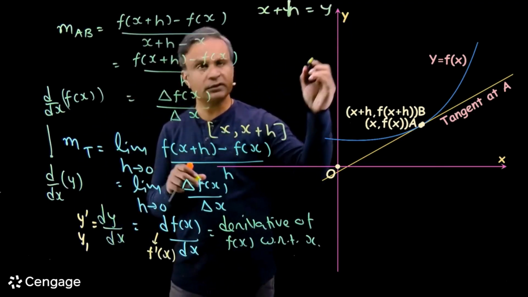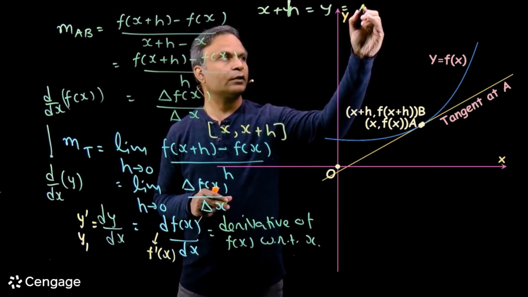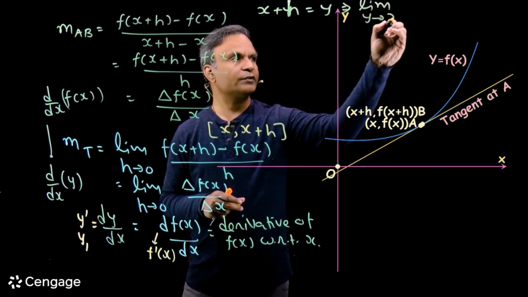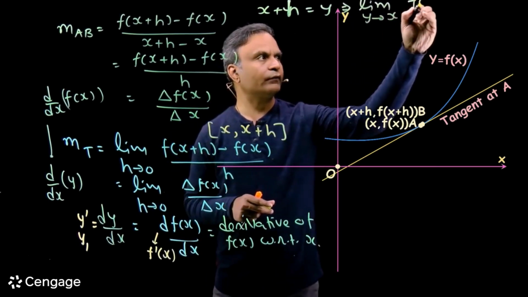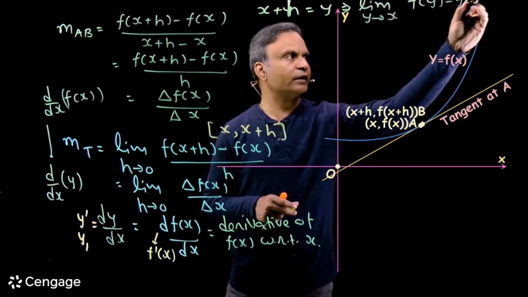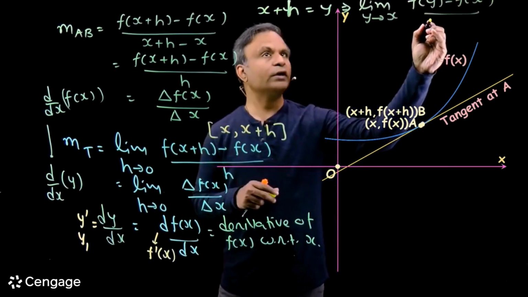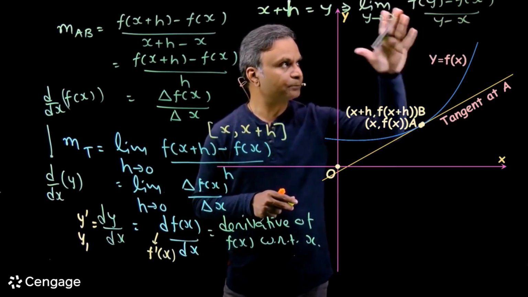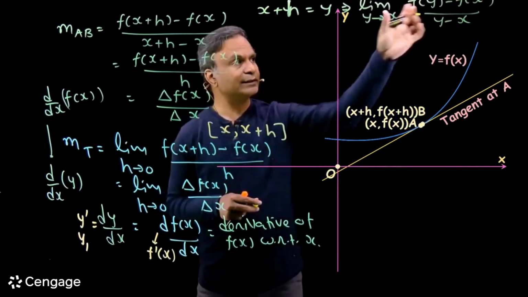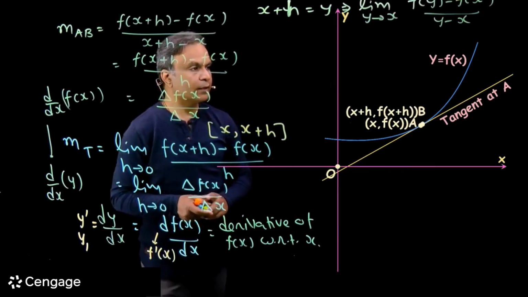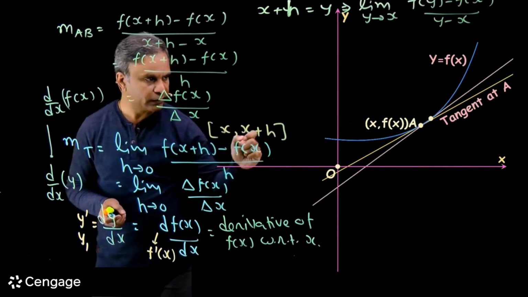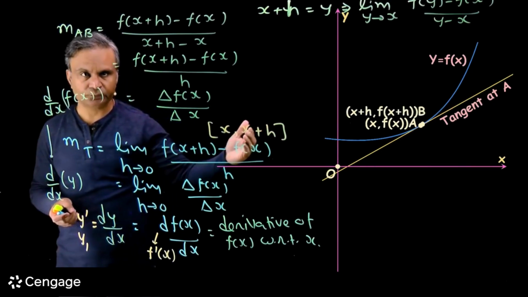So this limit will be the limit as y tends to x of f of y minus f of x over y minus x. Okay, we can put this in this form. Okay, now here point B is approaching point A from its right hand side.